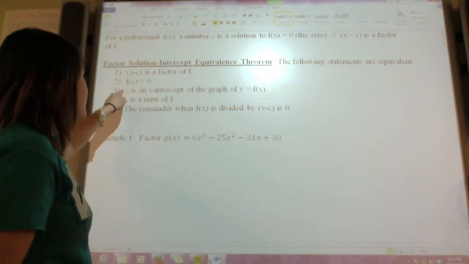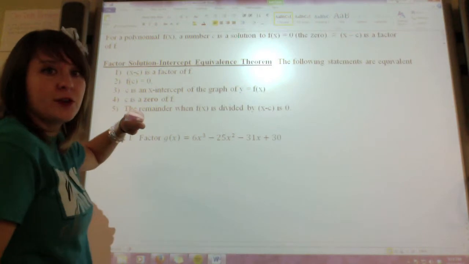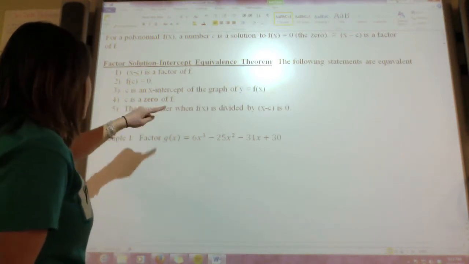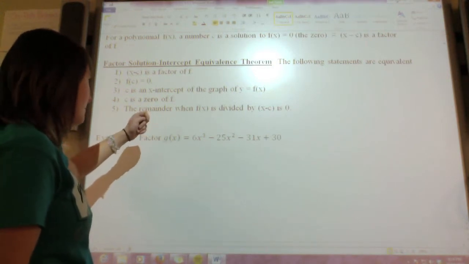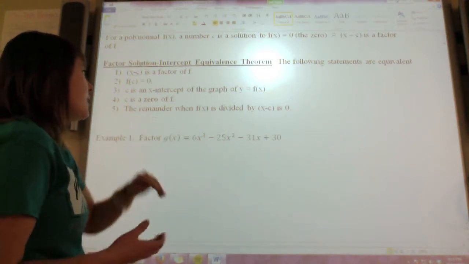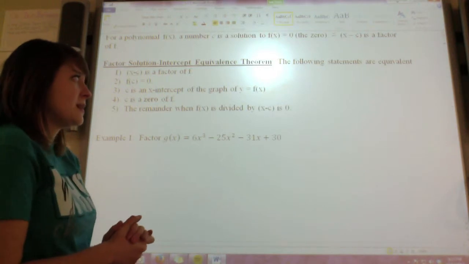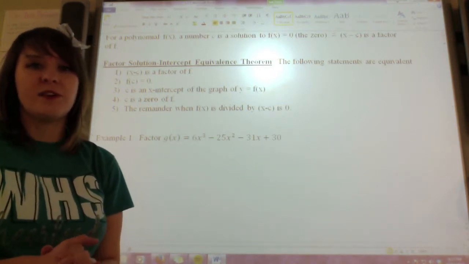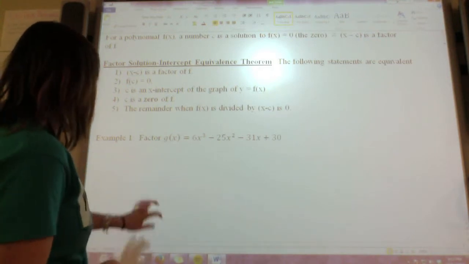I also know that c is an x-intercept of the graph, so I know that that's a point where my graph is going to cross the x-axis. I know that c is a 0, or a root, and I know that the remainder when f of x is divided by x minus c is 0. So there's a ton of stuff I know if I can figure out what my factors are.